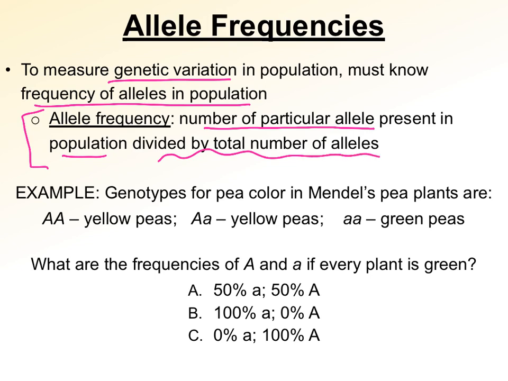So let's say that we have a total number of alleles, and we're just interested in how many are of X subtype. You take X divided by the total, and that gives you the frequency. This is an example we're going to look at in class, so take a look. We'll talk about it in class together.